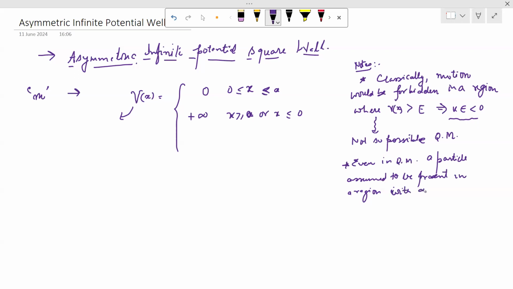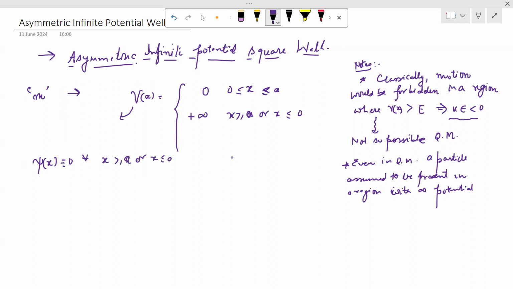So for the case x less than 0 or x greater than or equal to a, we will consider psi(x) to be 0. So psi(x) can be conveniently taken to be equal to 0 for all x greater than or equal to a, and x less than or equal to 0.